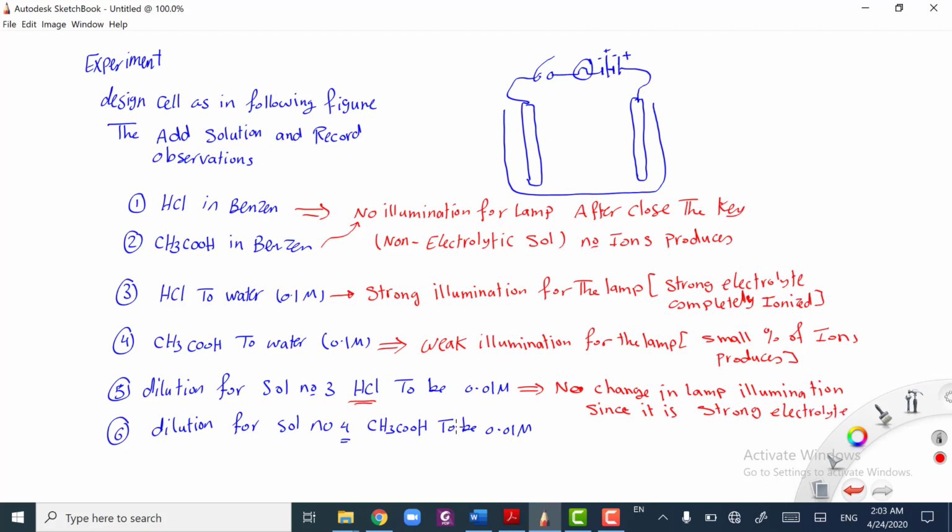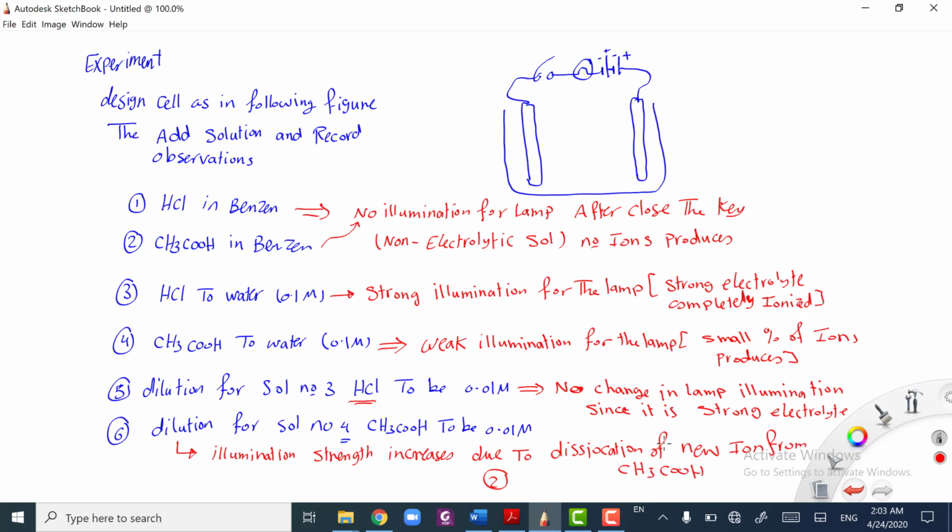After the dilution of acetic acid to be 0.1 molar concentration, the illumination strength increases, due to dissociation of new ions from acetic acid.